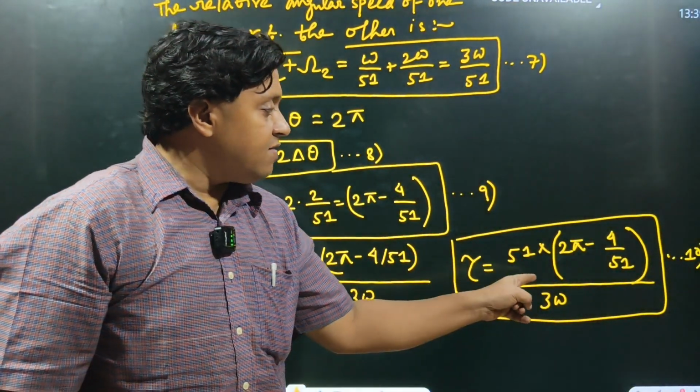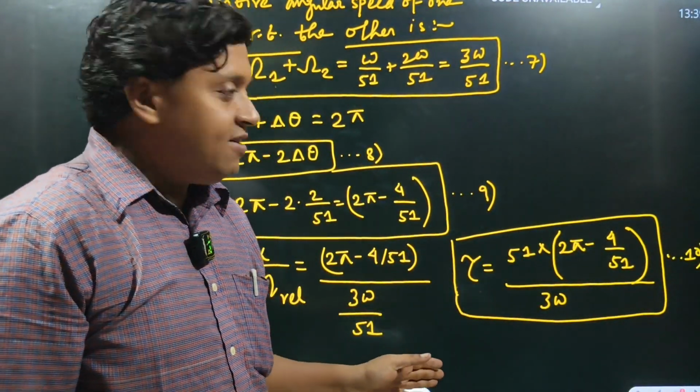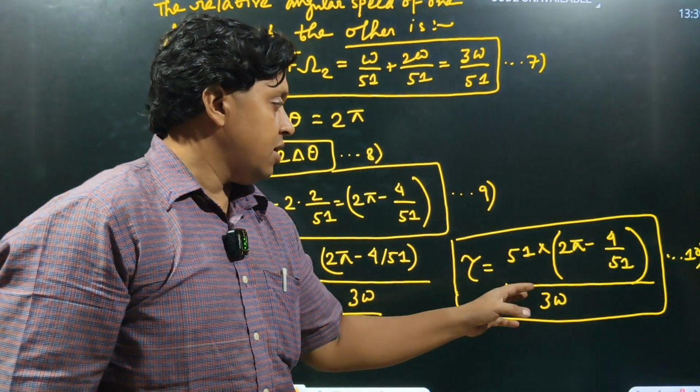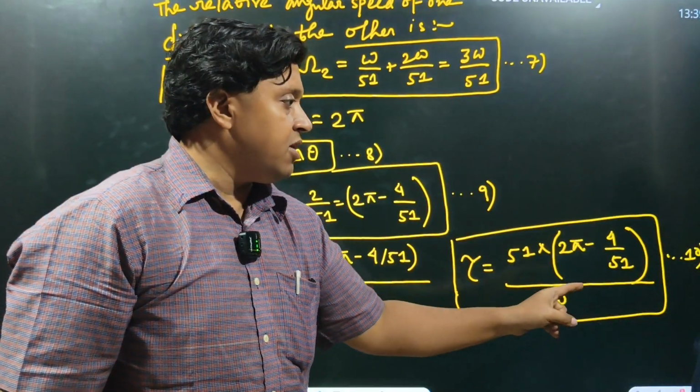So this is the answer of this problem. The two smaller disks meet after this much time, which is equation number 10.